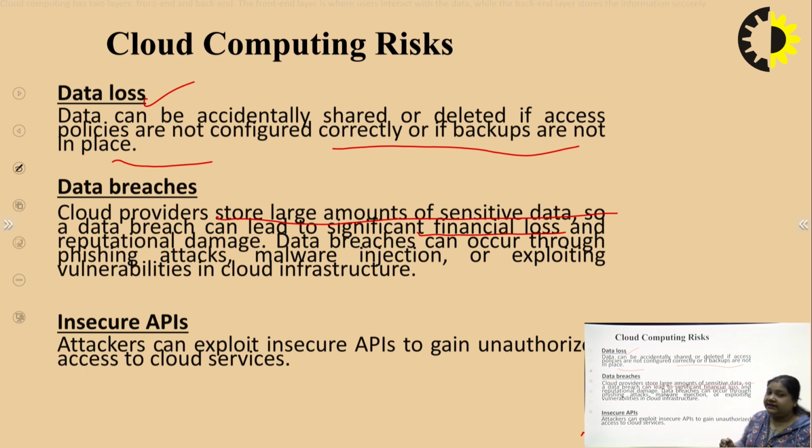Data breaches can occur through phishing attacks, malware injections, exploiting vulnerabilities if there are some loopholes in the systems. So hackers can utilize these types of risks. Next one is insecure APIs. Attackers can exploit insecure APIs to gain unauthorized access to the system.